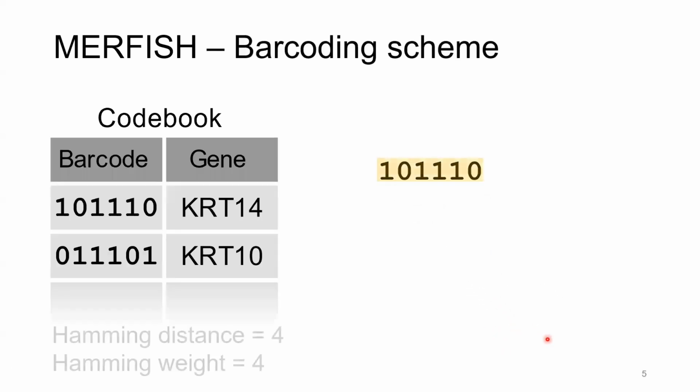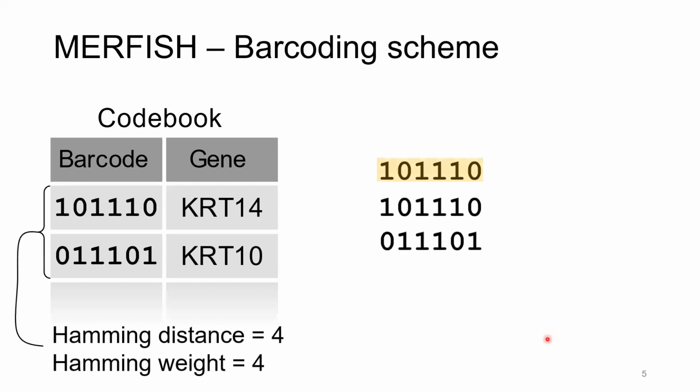So just to give you an example, this experimentally obtained barcode here, we can try to compare it to some of the barcodes that we designed beforehand for different genes. And we can see in this case it matches perfectly to this keratin 14, for example.